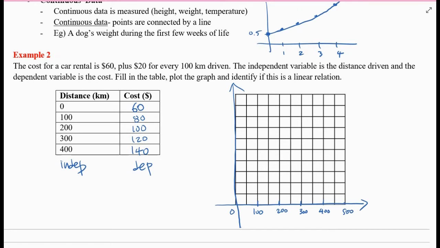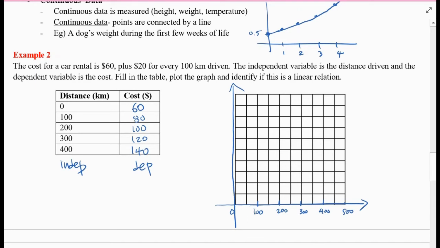When you decide the scale, it should have the same increment every time it increases by one unit. The increment should be the same. So this time the increment is 50. It increases by 50 every unit, right?